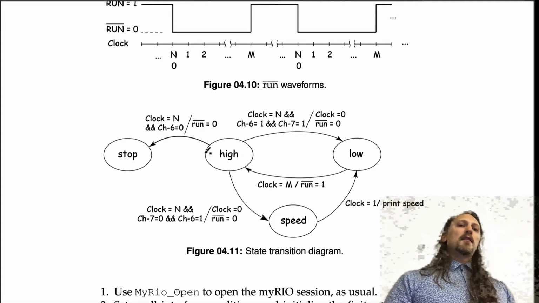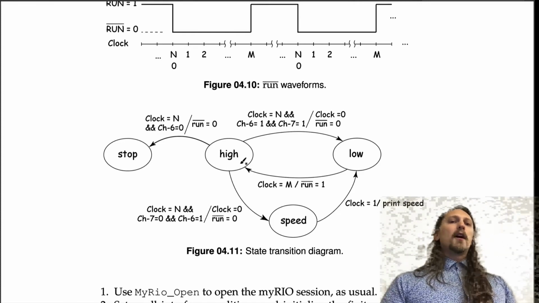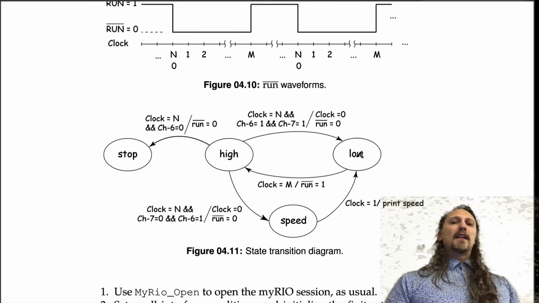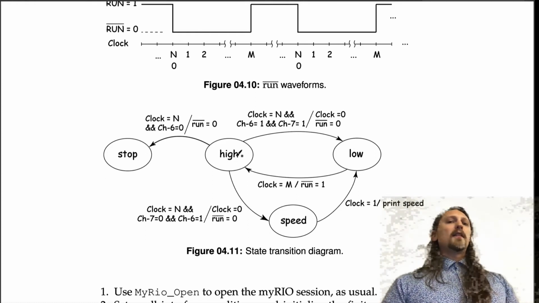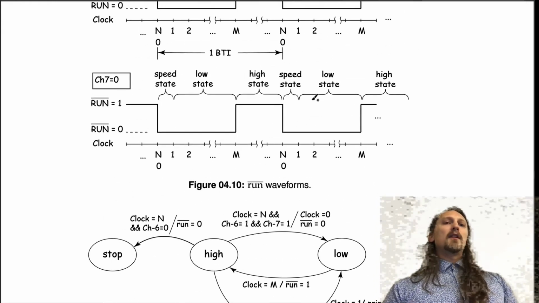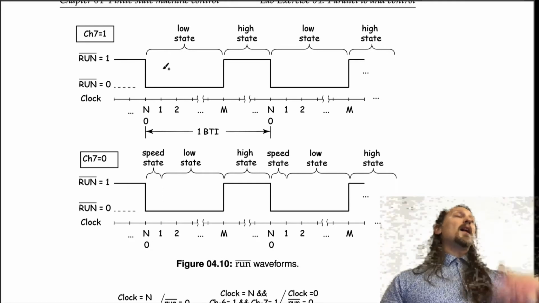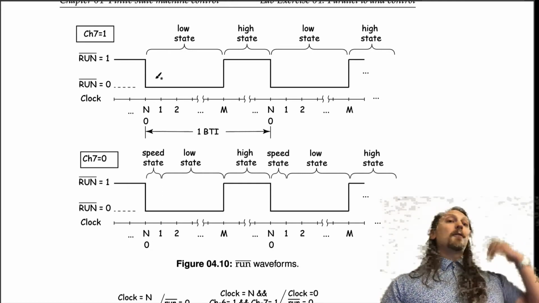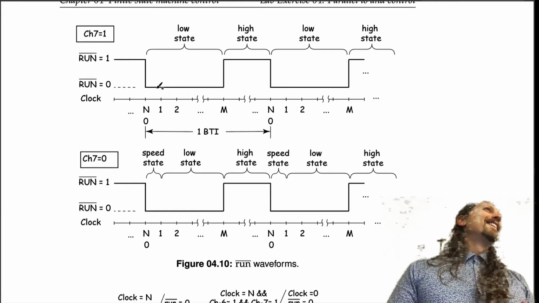High, which means not run will be 1, and then low is going to be not run equals 0. So low on not run is essentially meaning apply voltage. Okay, so when not run is 0, it means run.